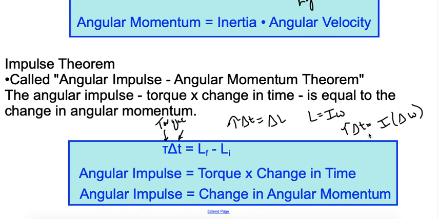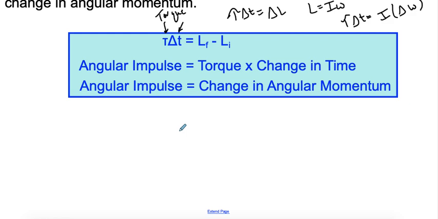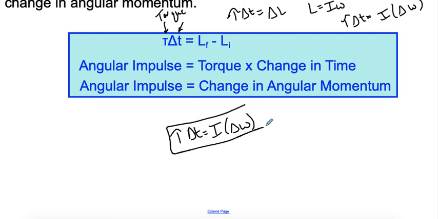This one might be a little bit more helpful, so I'll write that down below here so we can have that in our notes. So torque delta T equals moment of inertia times change in angular velocity. Okay, this one might be more helpful because sometimes we're going to be looking for a final angular velocity or an initial angular velocity. Okay, well, we could also be looking for a torque.